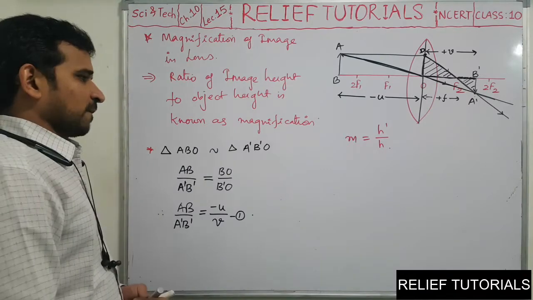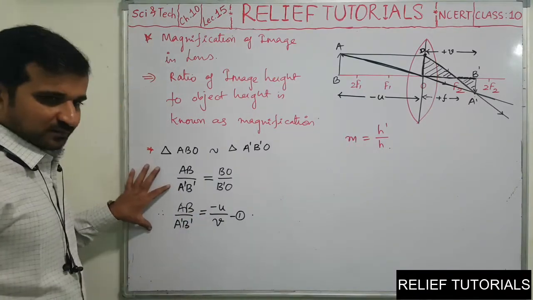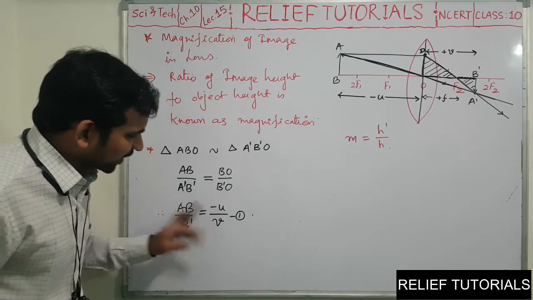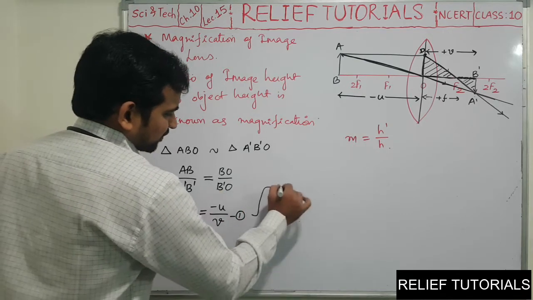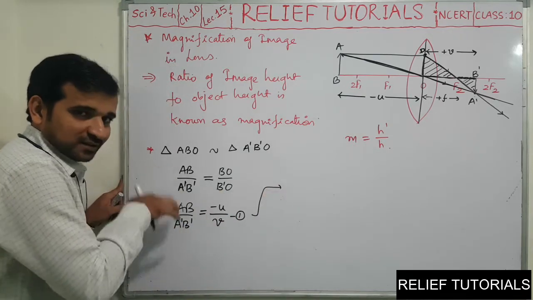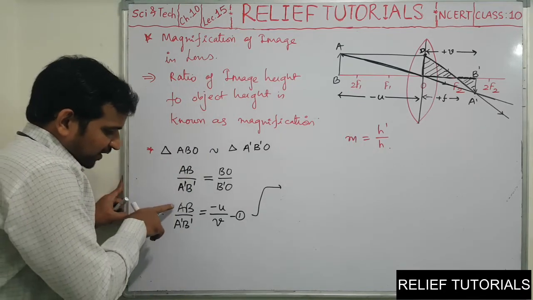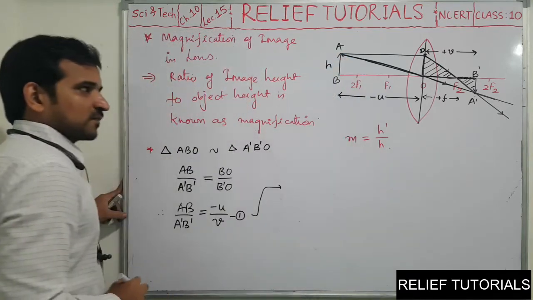See. But now one more formula to derive. Look at this result. AB upon A dash B dash is minus U by V. But what is AB? We are using this relation in magnification also. AB means object height. Can I say it is H?